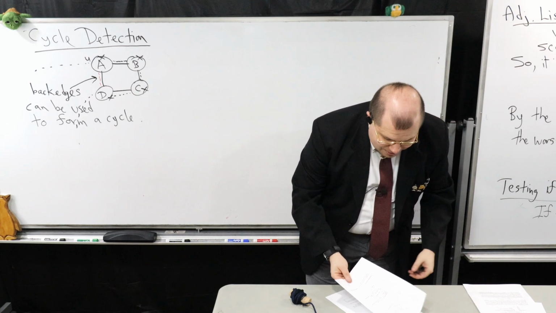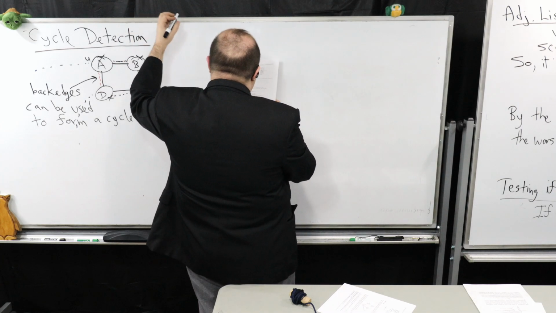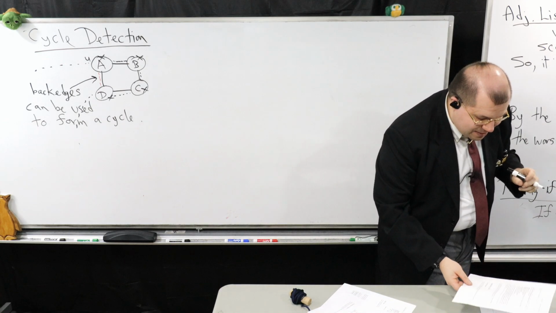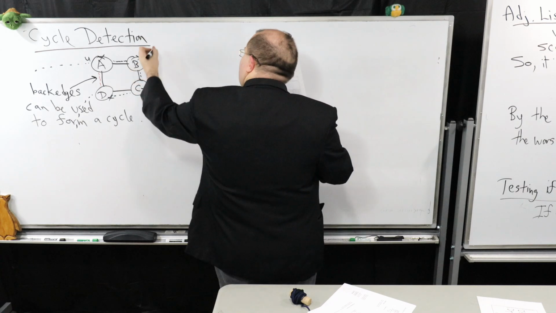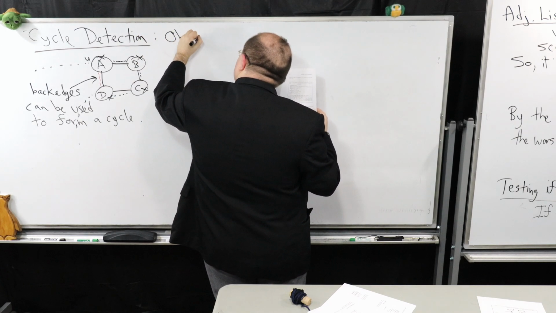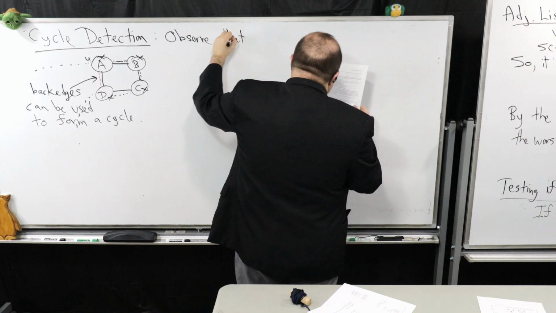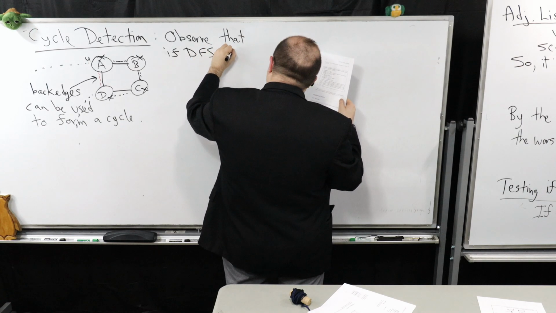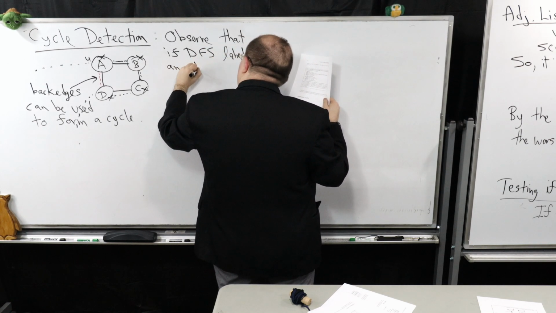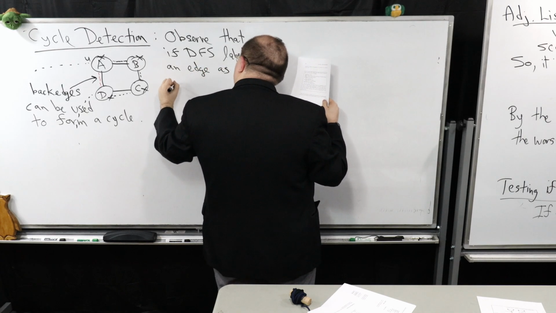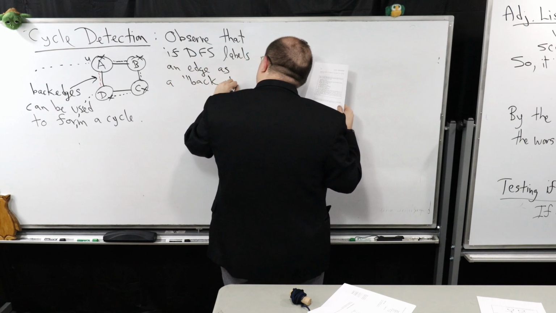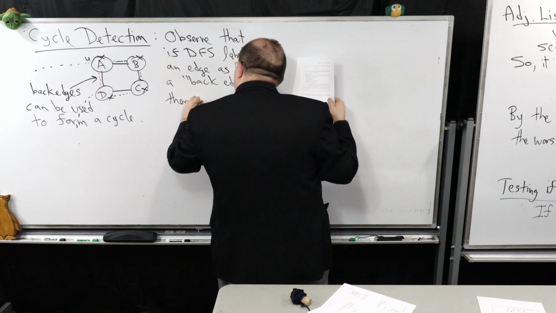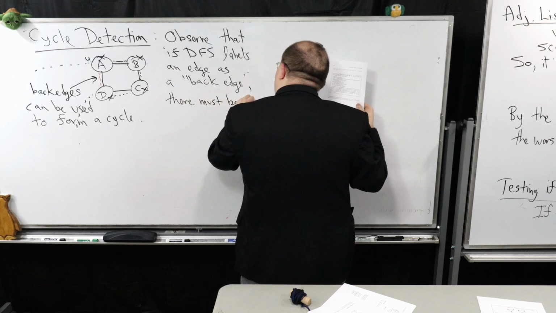So here's the idea of how we're going to proceed. Observe that if DFS labels an edge as a back edge, there must be at least one cycle.